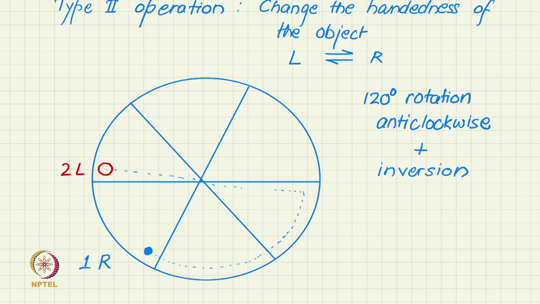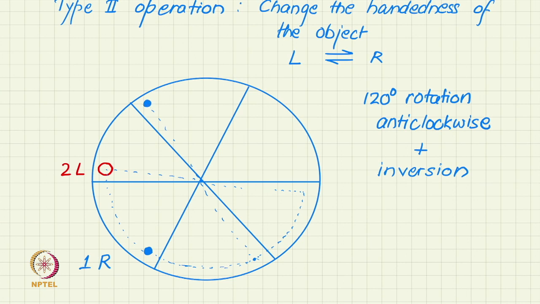If I apply this roto inversion again, you can see I again come 120 degrees, so I come somewhere there and then I invert. So I go there and I started with a left handed object, inversion again changes it, so it becomes a right handed object. So I again use the blue color, and from below the plane inversion will bring it above the plane.